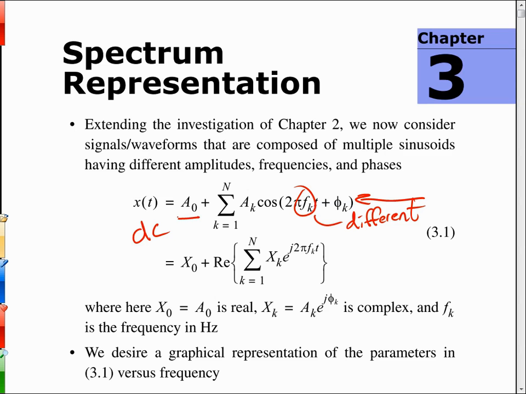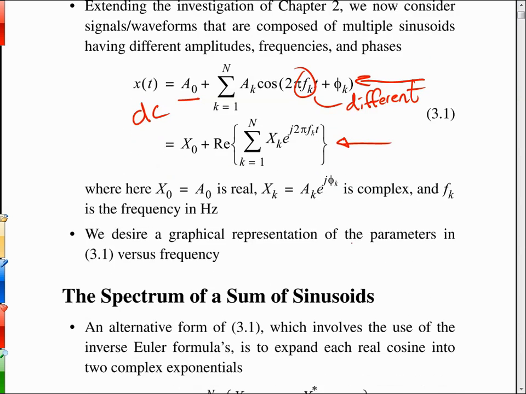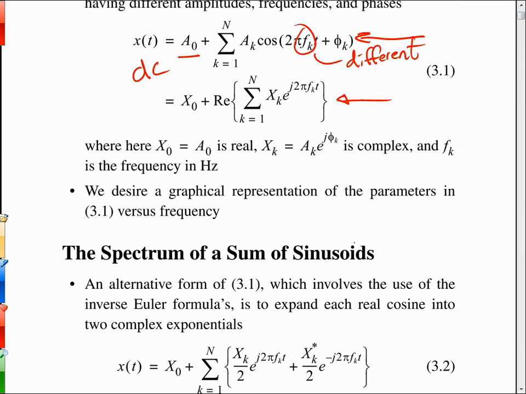And of course, in terms of real or complex sinusoids, this second form down here is equally valid, as we've already learned about taking the real part of a complex sinusoid gives us just the cosine term. So that's equally valid.